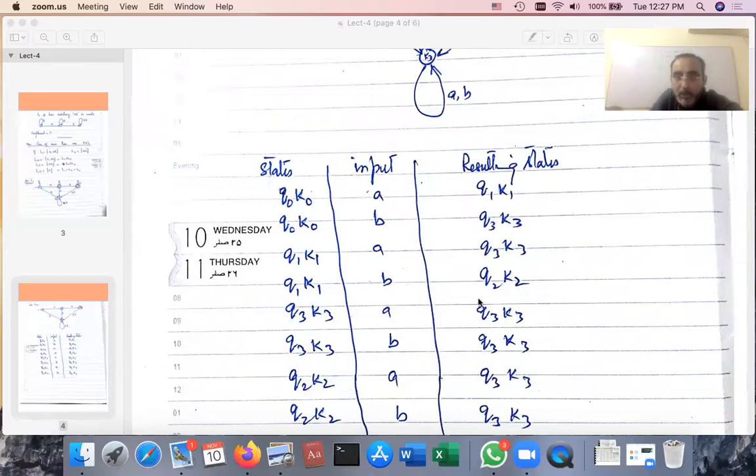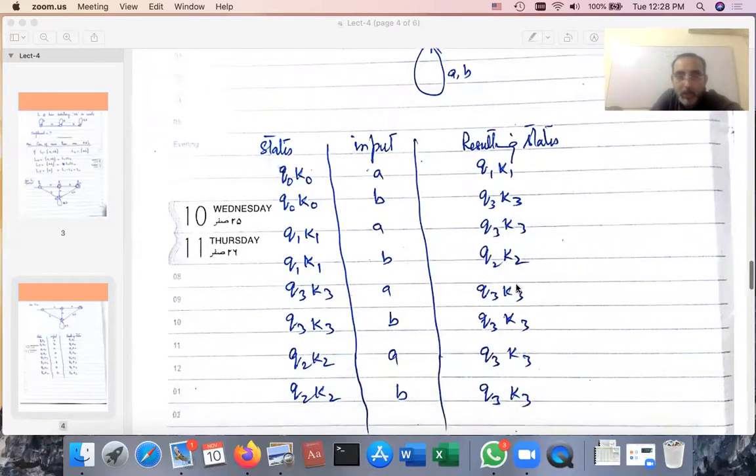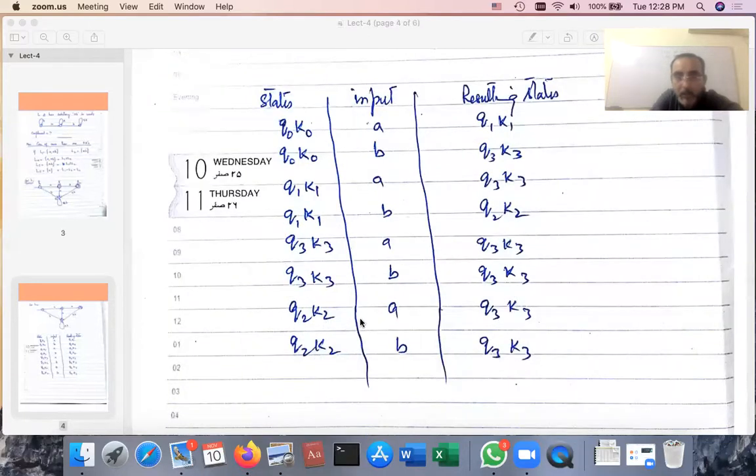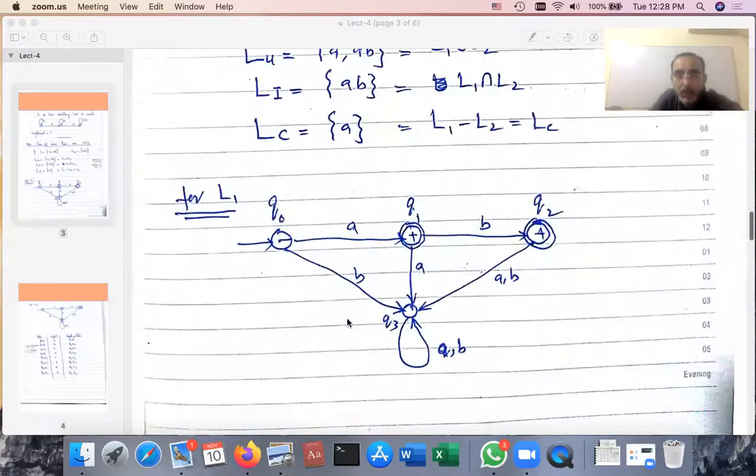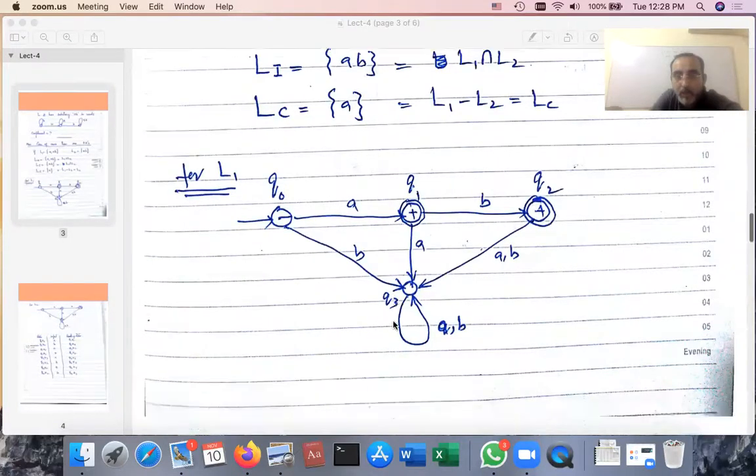So Q3, K3 is now finished. What is something new? Q3, K3 I don't have to repeat. Q2, K2 is something I didn't consider in this column already. So I have to mention Q2, K2 here now, and I have to check A and B over this state. This is Q2, and after having A, I reach Q3.